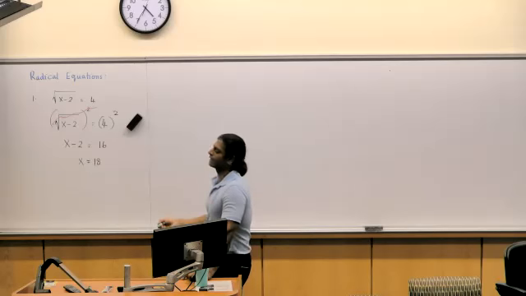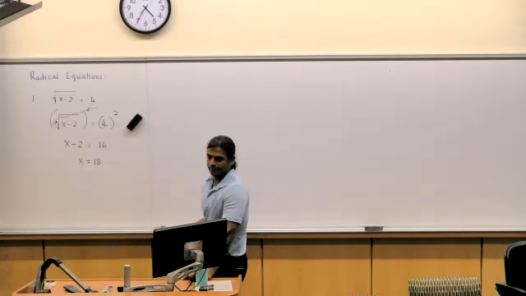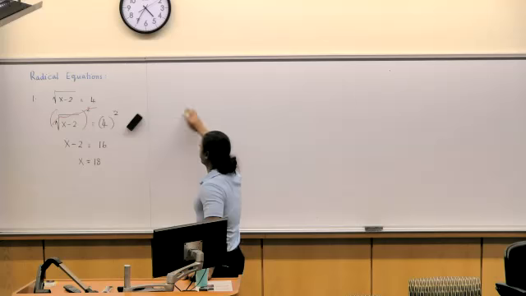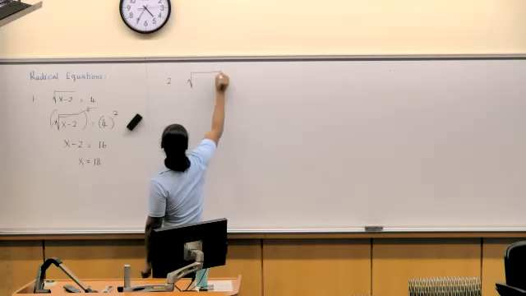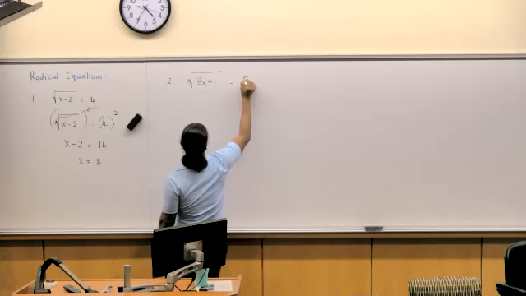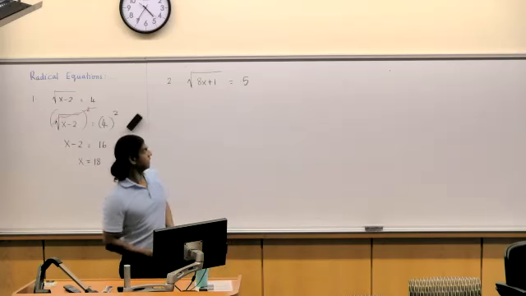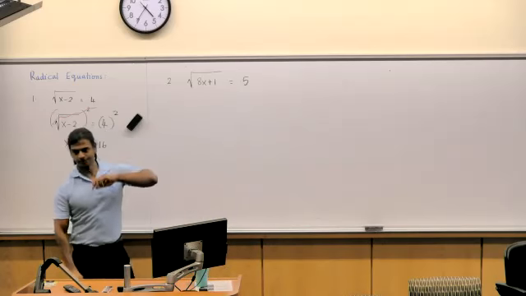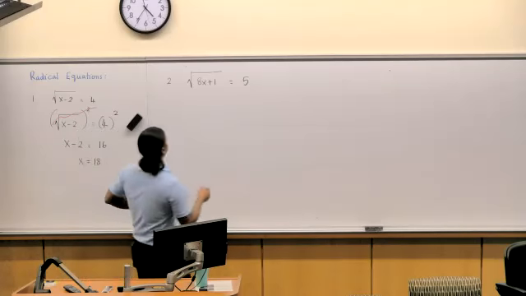You can always verify your answer by taking this x and doing what? Plugging it back in. What should we do? Square on both sides.